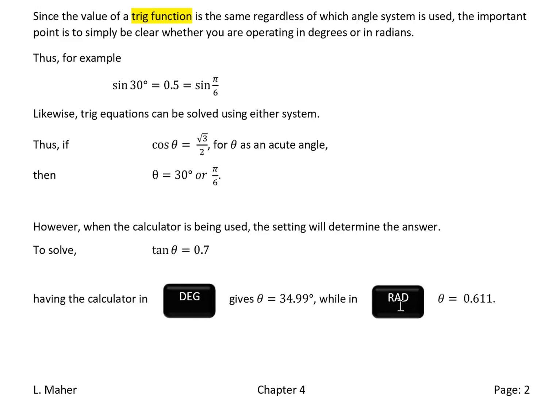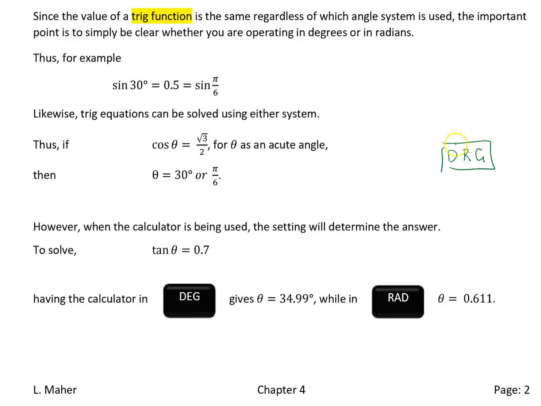However, we will have to make sure that the calculator is set to read the number that you put in as radians, and the way to set it is to access the DRG button. So on most calculators, it simply looks like this: capital D for degrees, R for radians, G, which we don't use.